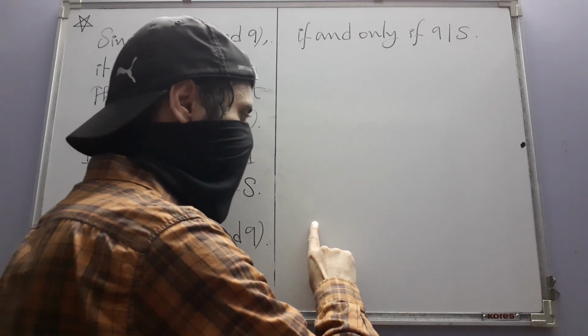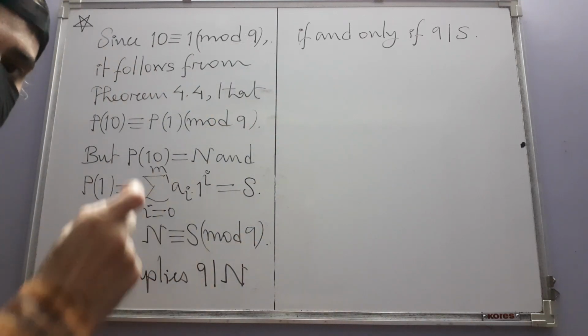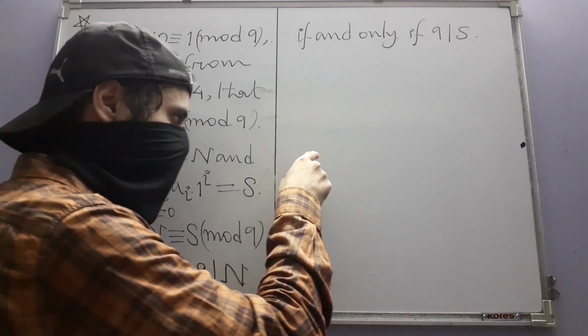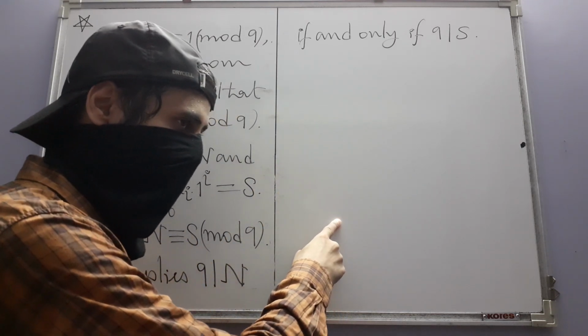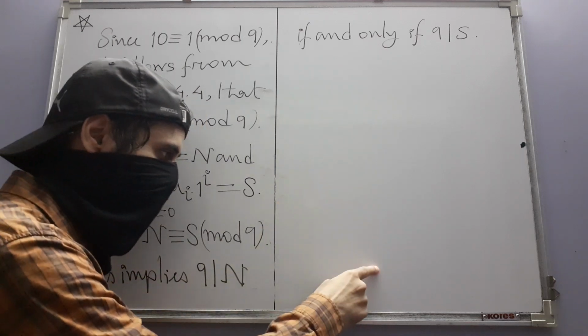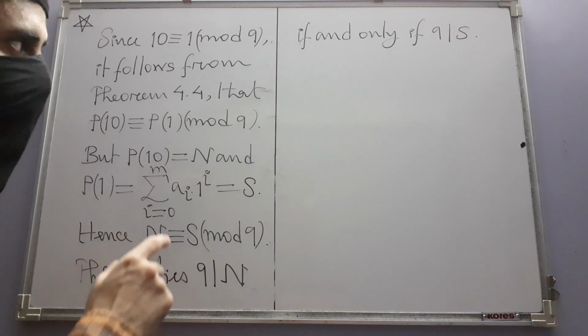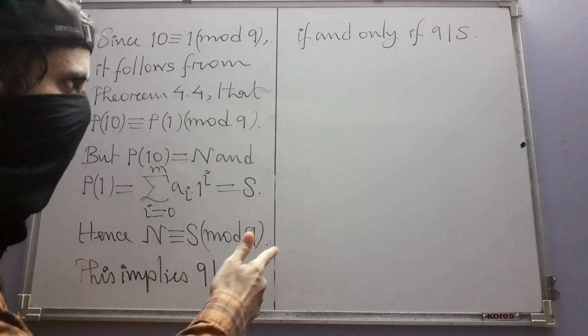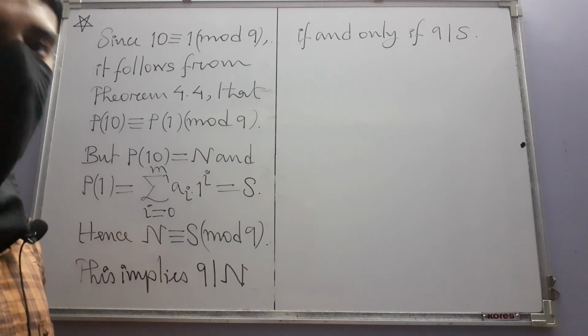You can then add the digits of that new number and get another sum. So the original one is divisible by 9 if and only if this intermediate number is divisible by 9, if and only if the still smaller sum is divisible by 9. So by repeated application of this, you can actually reduce the work to a very small number.